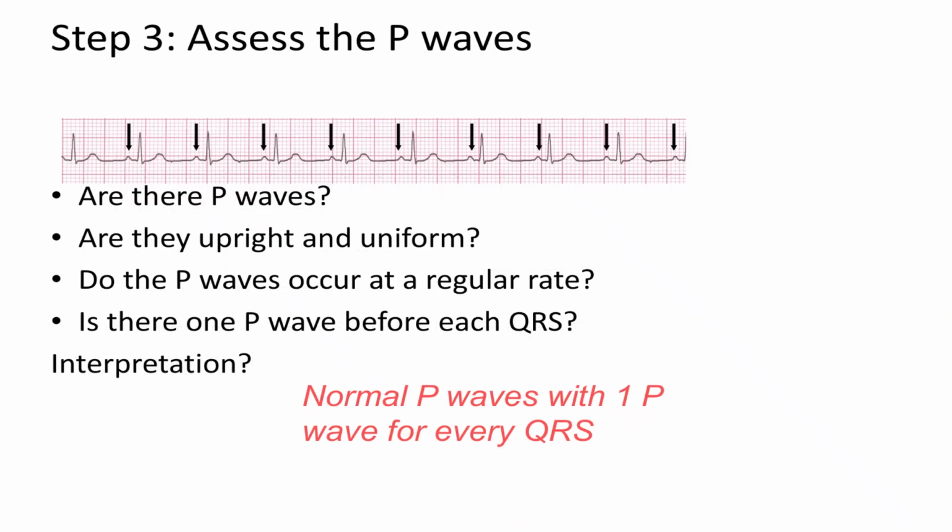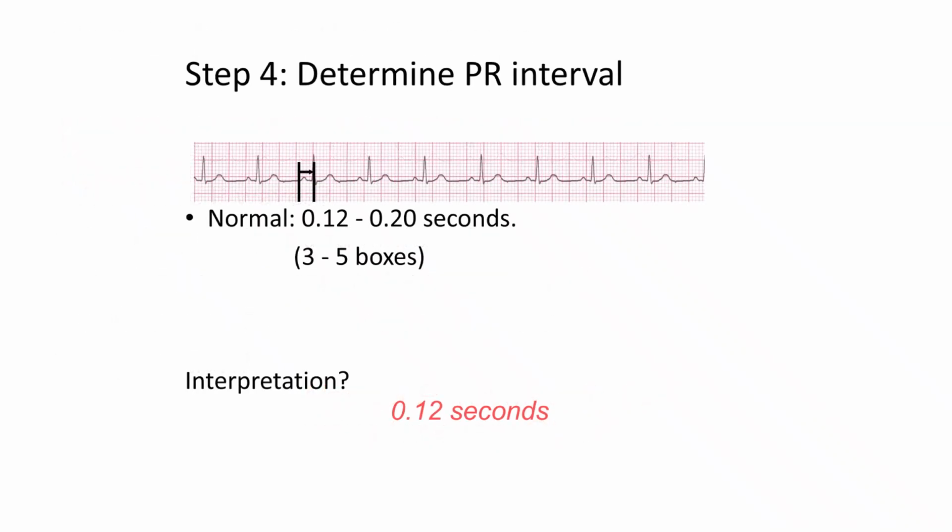Next, you want to assess those P waves. Are there P waves present? Are they upright? Are they uniform? Do they occur at a regular rate? Is there a P wave before every single QRS? Next, you're going to measure your PR interval.